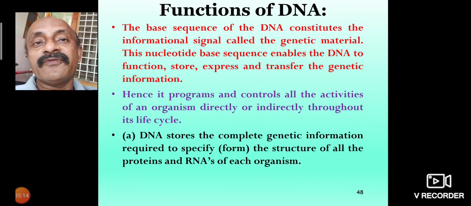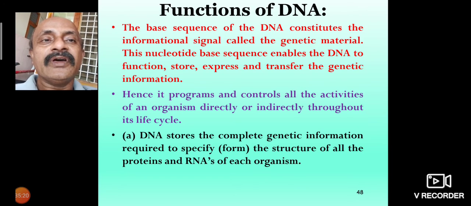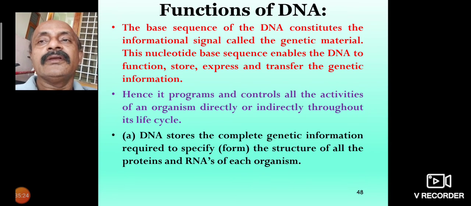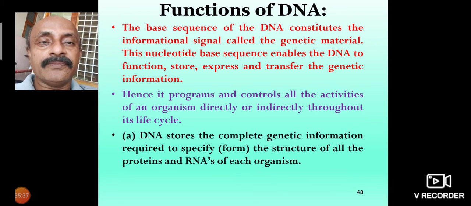Next, the last topic: functions of DNA. The base sequence of DNA consists of the informational signal called the genetic material. The nucleotide base sequence enables DNA to store, express, and transfer genetic information.